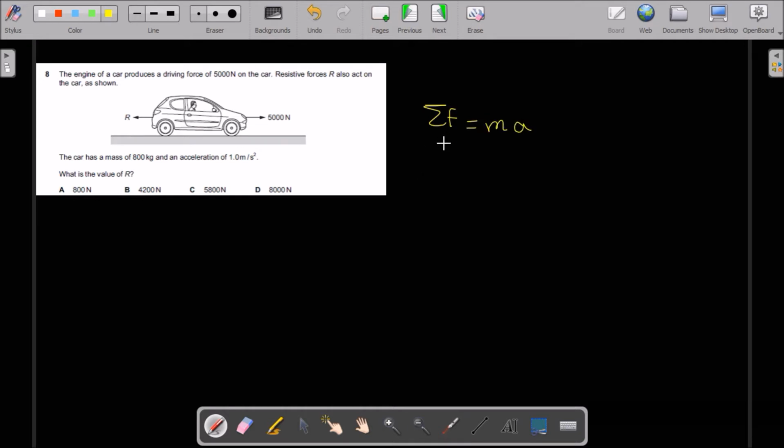Sigma F is the resultant force. So the forward force minus the opposing force equals ma. The forward force is 5,000 minus the opposing force, called R in this question. Mass is 800 and acceleration is 1. So R will be 4,200 Newton.